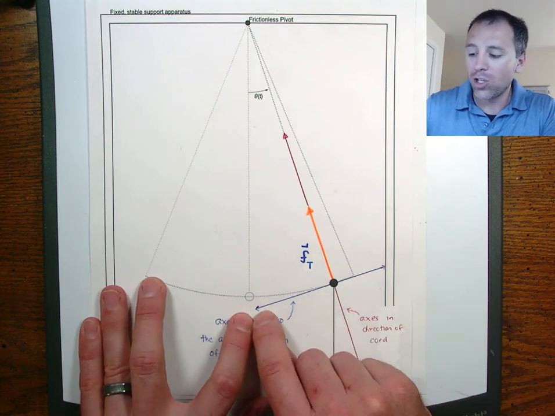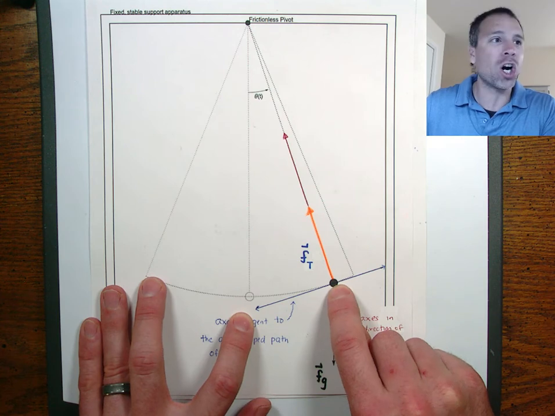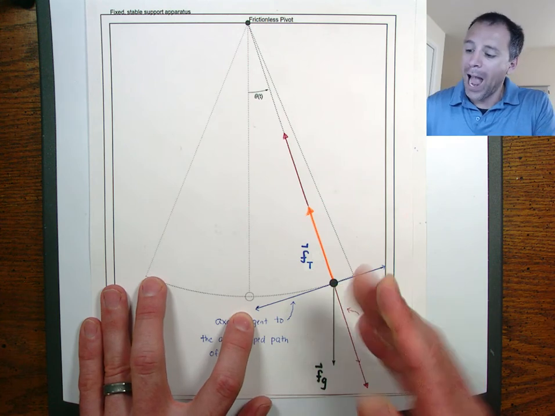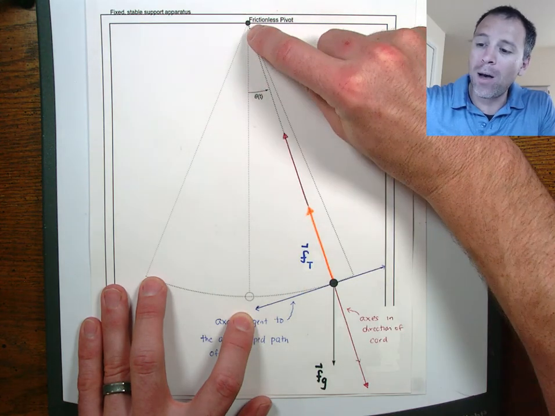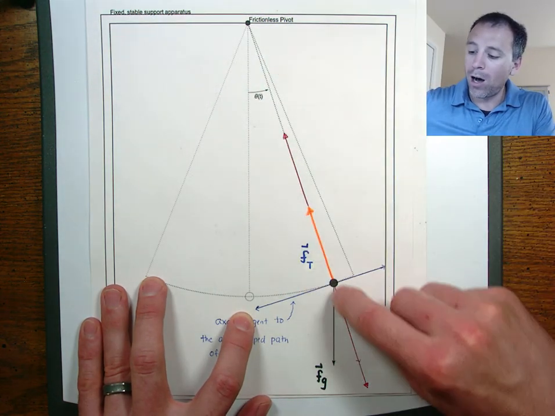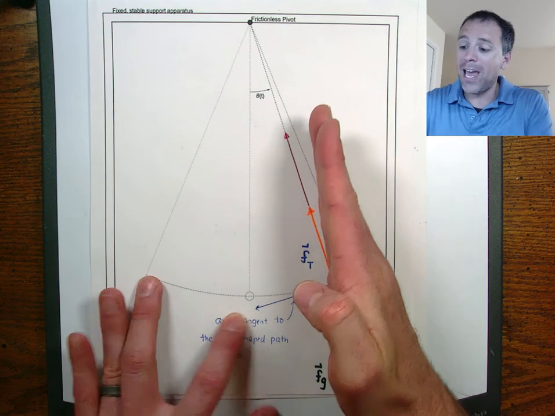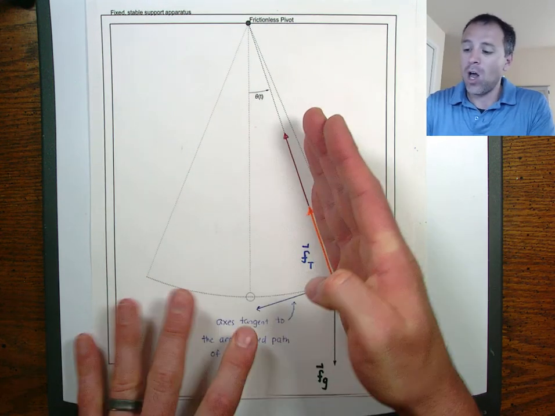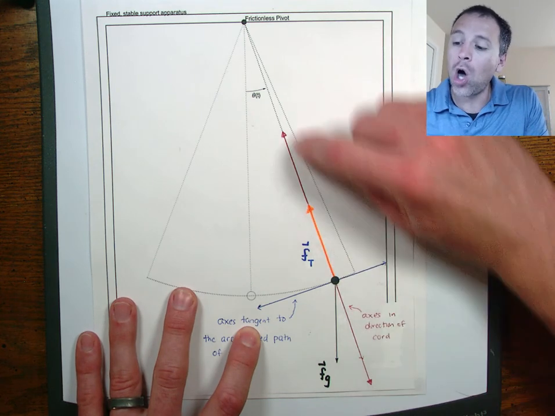So we're drawing this horizontal axis that literally touches that circular arc only where the bob is. And then we're drawing a vertical axis that goes from the pivot point through the bob off into space, so that now we have an orthogonal axis where the vertical component is along the direction of the tension force.